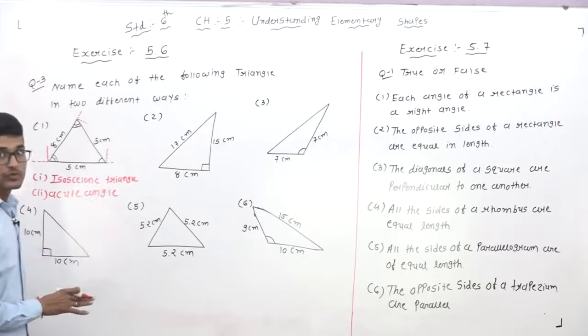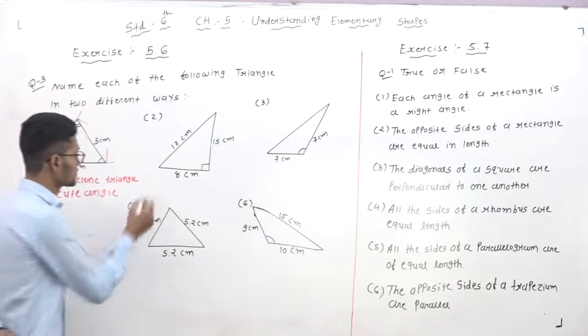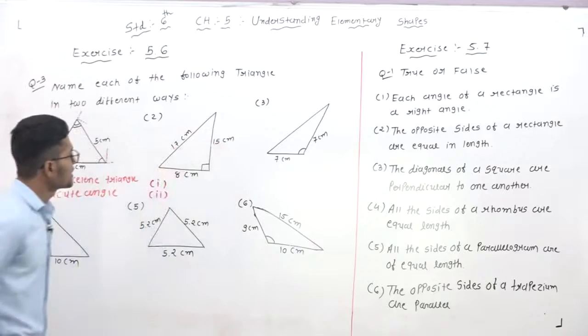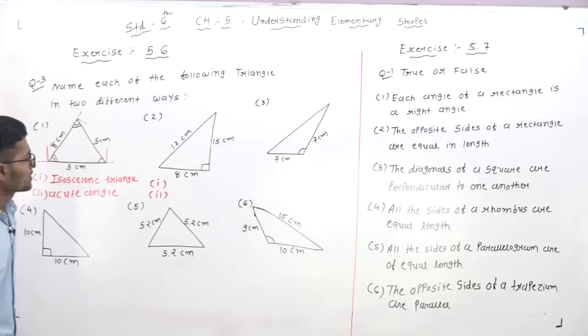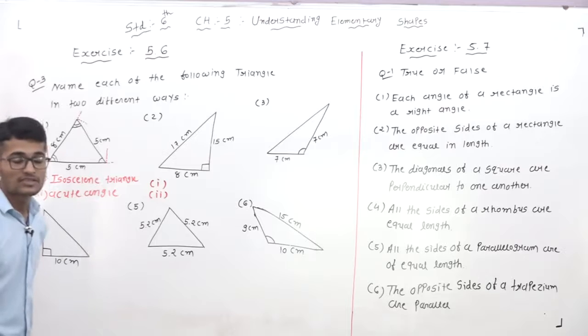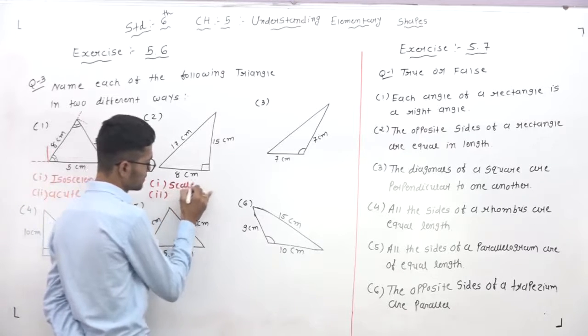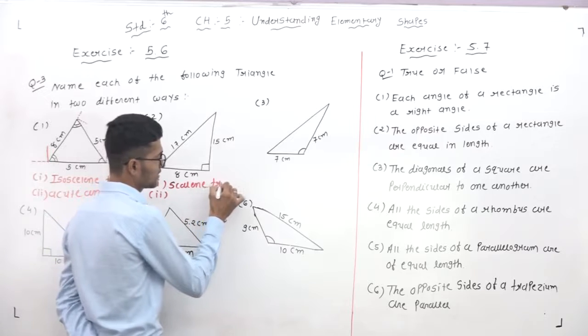Understand how to write it down? Okay, next one. First of all, 1 and 2 are our two ways. See here, 15 centimeter, 17 centimeter and 8 centimeter. The sides are given and all three sides are different. If the three sides are different, it's called a scalene triangle.